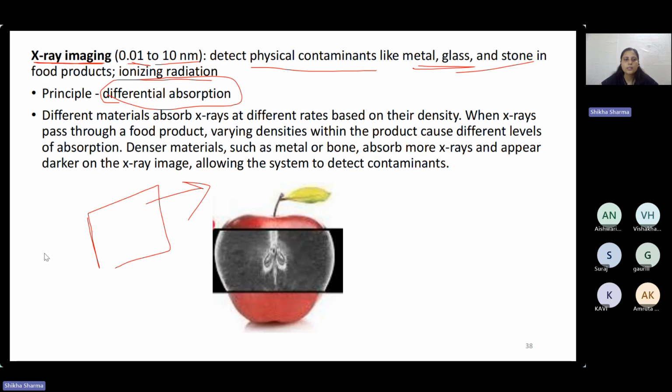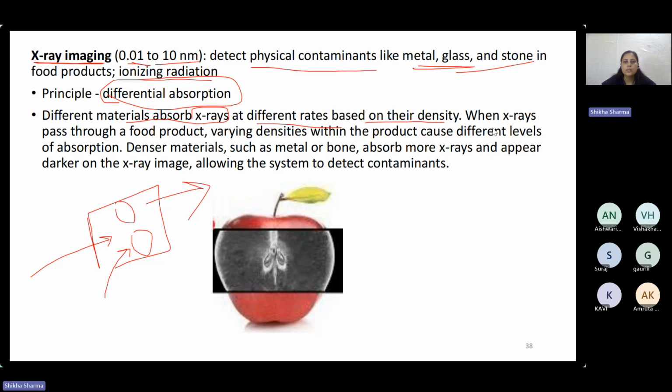So what happens when X-rays come onto the food product? Different materials absorb X-rays at different rates based on their density. A lighter product will absorb the X-rays differently than a heavier one.